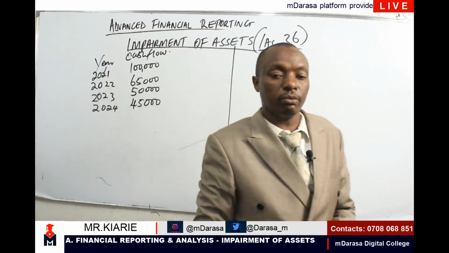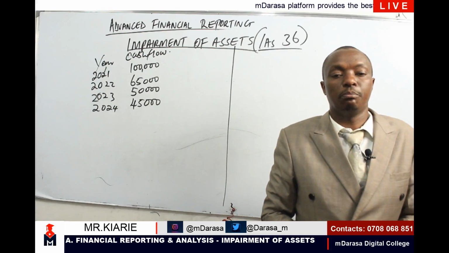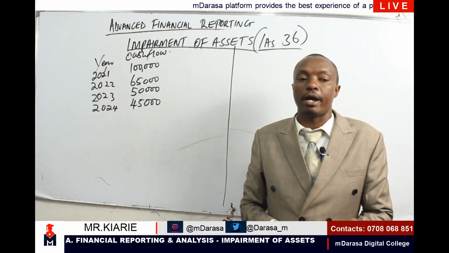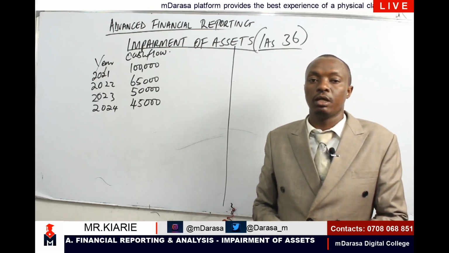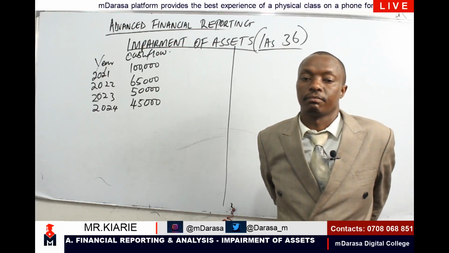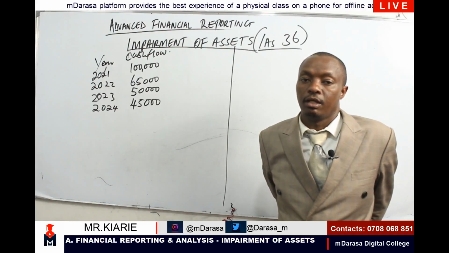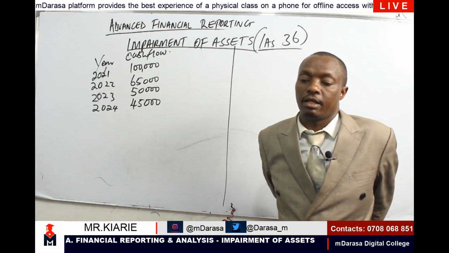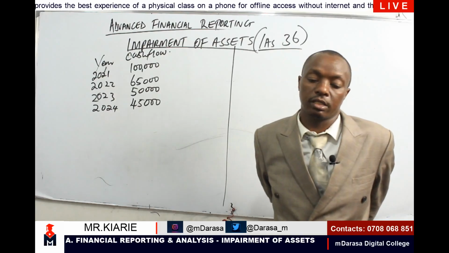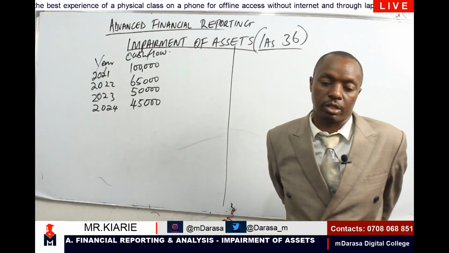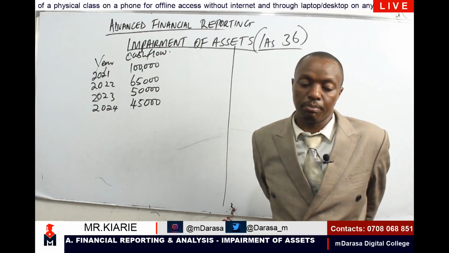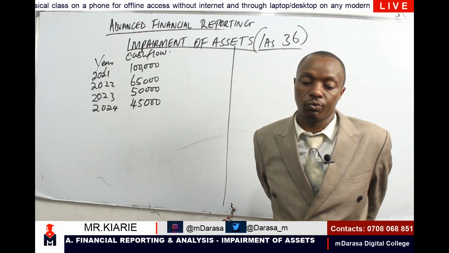Additional information below that. Number one, the selling price of the equipment was shillings 248,000.